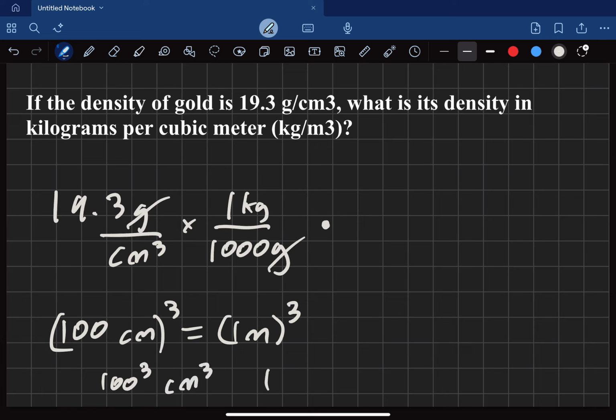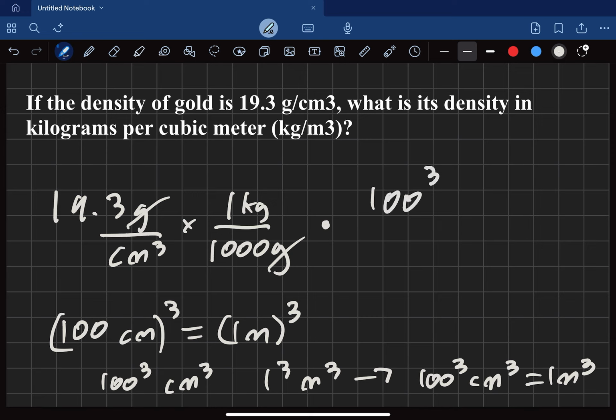And then the same thing over here. And that'll give us that 100 cubed centimeters cubed equals 1 meter cubed. Okay, so then let's write our 100 cubed centimeters cubed on top, divided by our 1 meter cubed. And that's going to cancel our centimeters cubed.